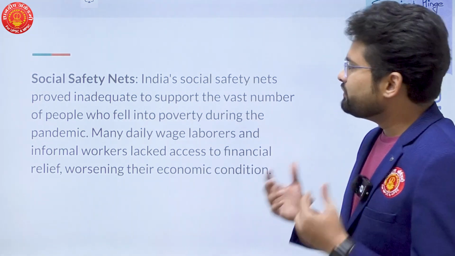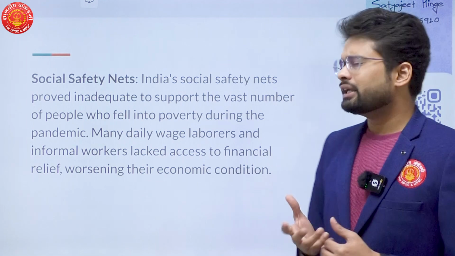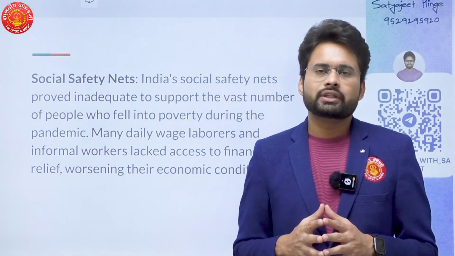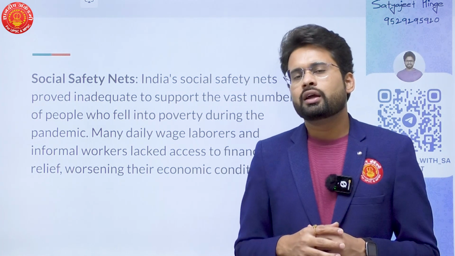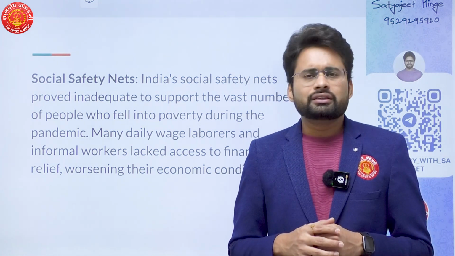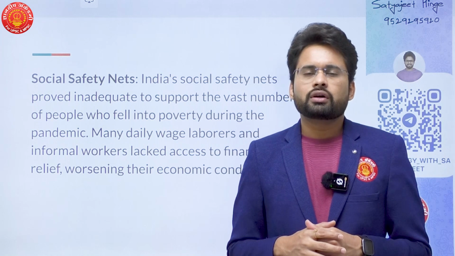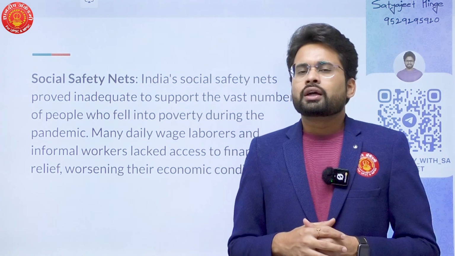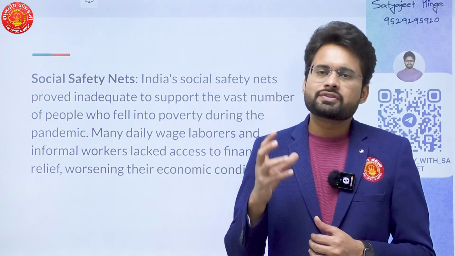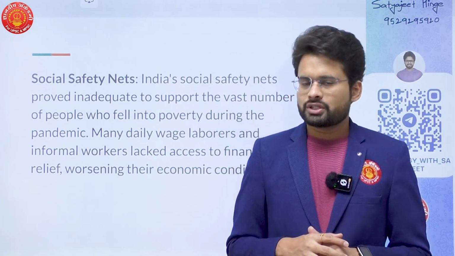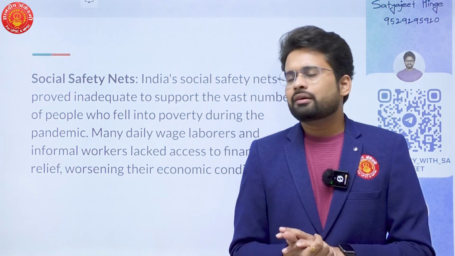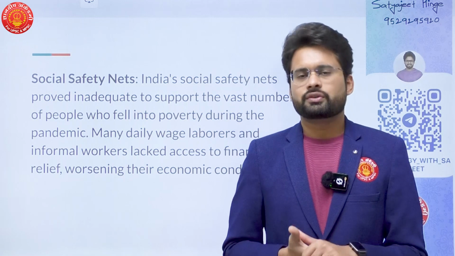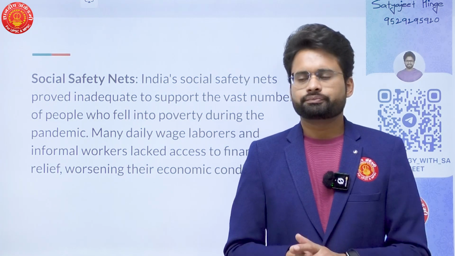Then social safety nets. What is social safety or social security? The government provides help to the vulnerable sections with the help of a few welfare schemes and benefits. As the number of patients and deaths was in the terms of lakhs and crores, the government's budget and funding were inadequate to provide social security to all of them. Many of them were neglected or, because of budgetary constraints, left out of the social security net.